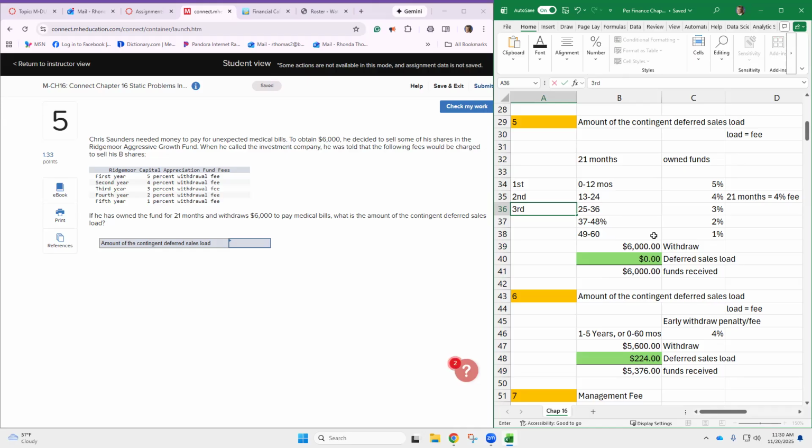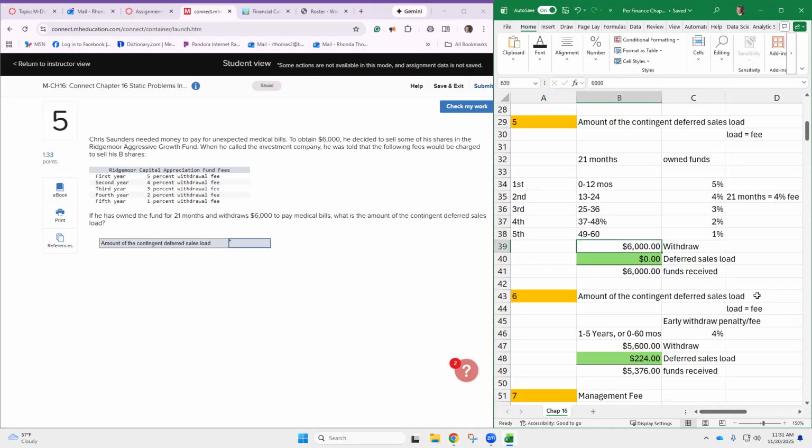It falls between 13 months and 24 months. Then we can calculate. So it's going to be a 4% fee load. All right. And if he makes it past 5 years, there is no more withdrawal fee charge.